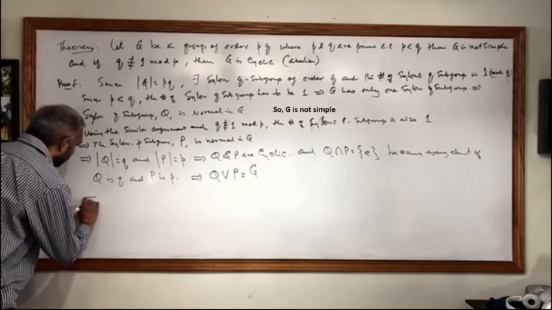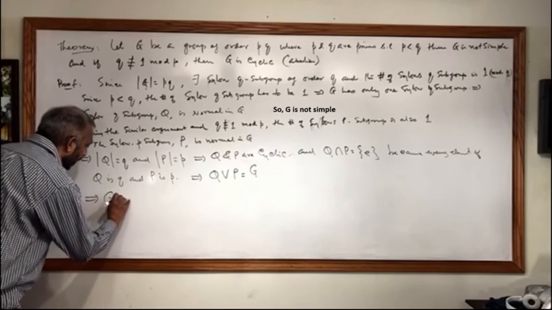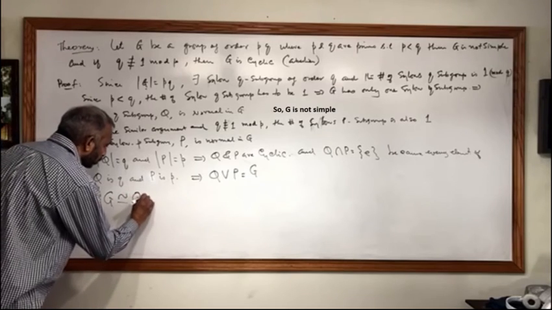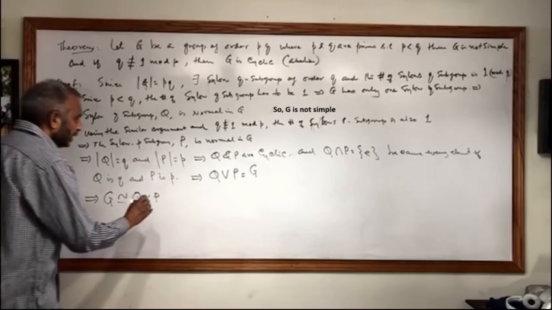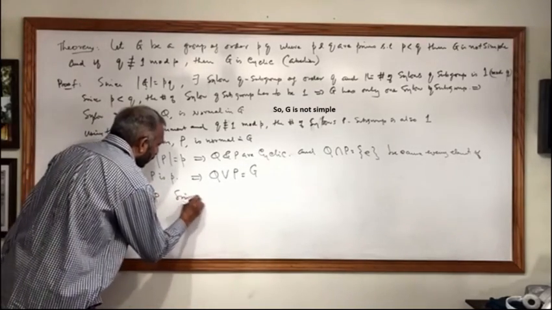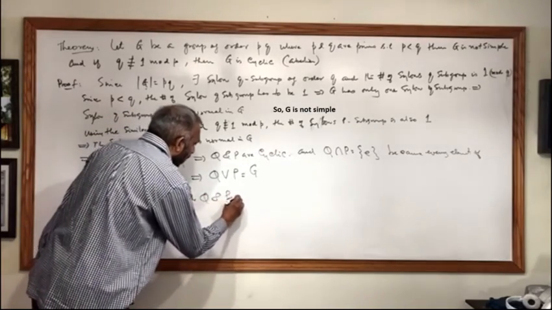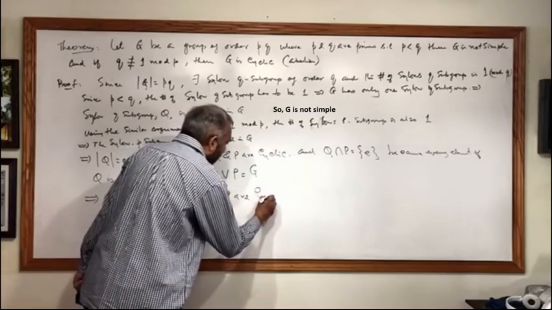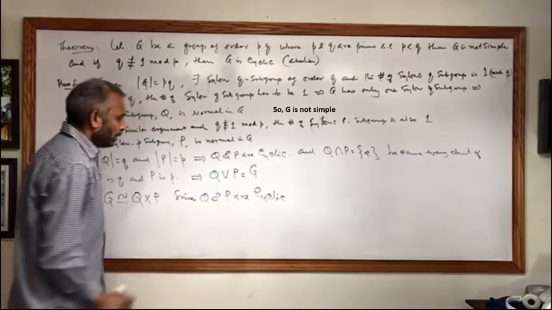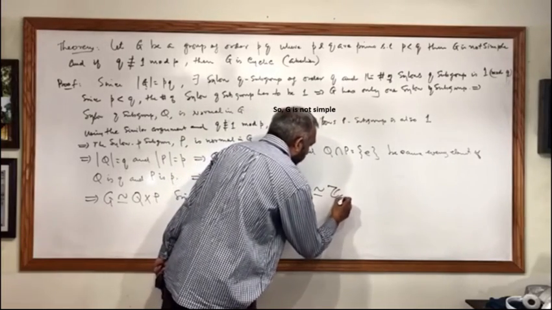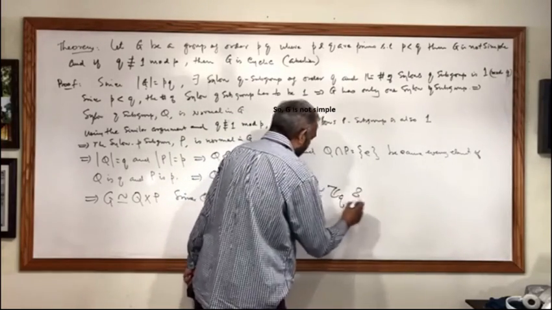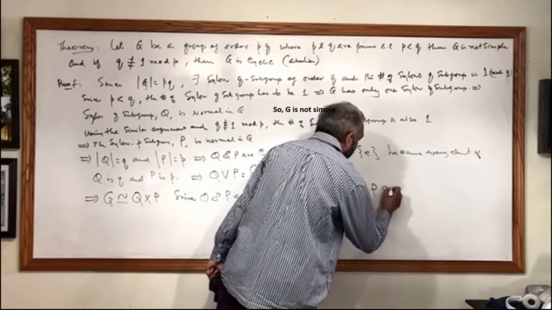And this implies that G is isomorphic to Q times P. Since Q and P are cyclic, Q is isomorphic to ZQ and P is isomorphic to ZP.